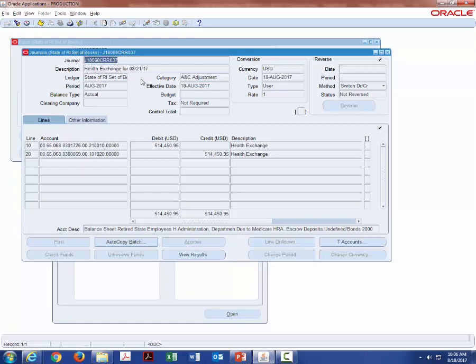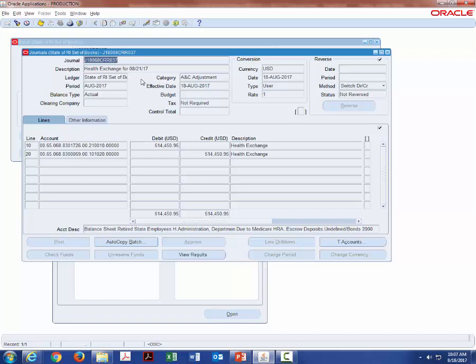A journal entry using the category interagency billing is usually initiated by the expending agency. An interagency billing journal entry may be initiated by the billing agency only if the Office of Accounts and Control has an MOU, which stands for a Memorandum of Understanding, or some similar letter of agreement on file between the two agencies involved, or if a copy of the MOU is attached to the journal entry itself.